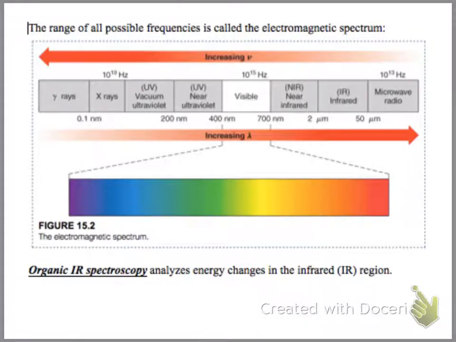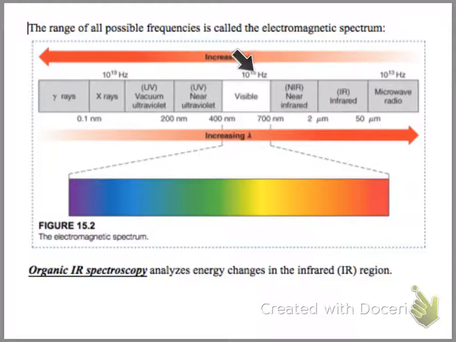This is the full, what we call the electromagnetic spectrum, which describes increasing frequency going to the left, and increasing wavelength going to the right, so the energy is going up as we go left.